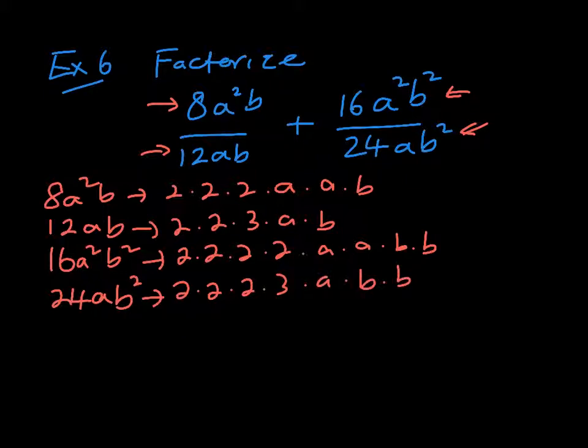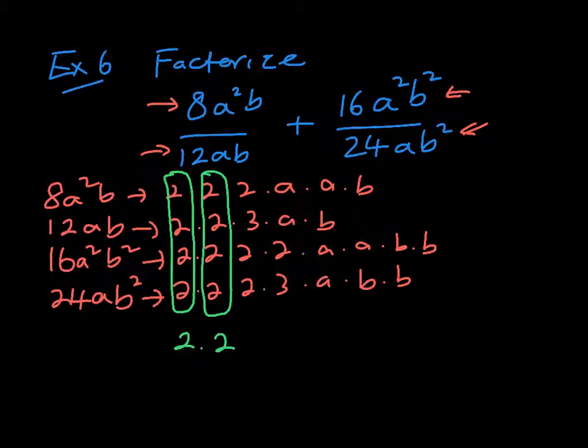Okay, so now that we have all the four terms, we can find out what exactly is common. So we see that 2 appears to be common to all of them, and then there's a second 2 that is common to all of them, which makes 2 times 2, that is 4. Okay, and then next to that, do we have 3 in all of them? No. Do we have a in all of them?